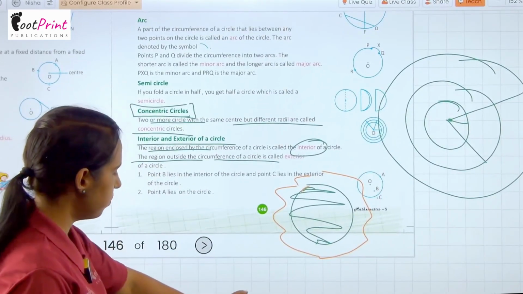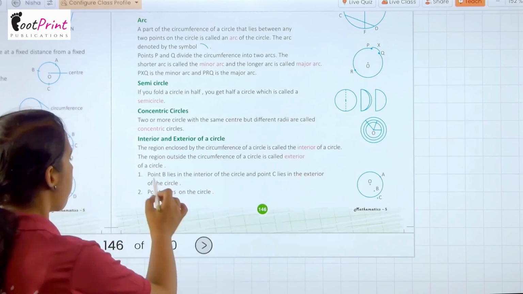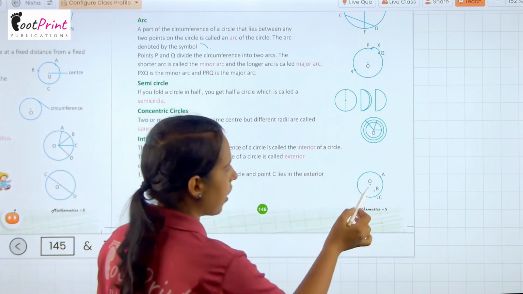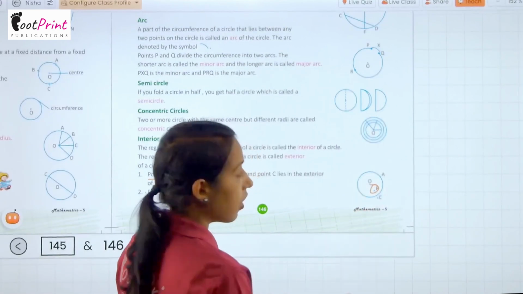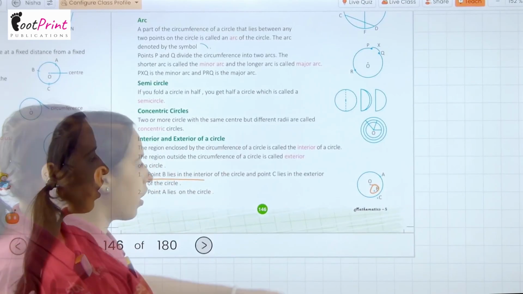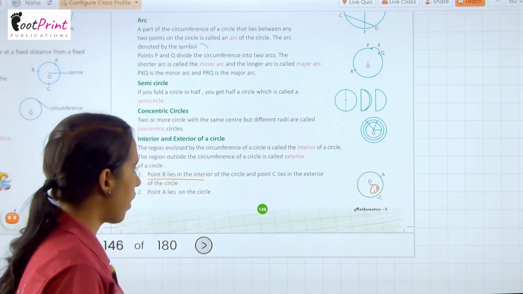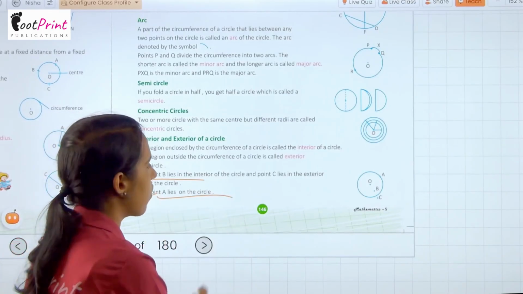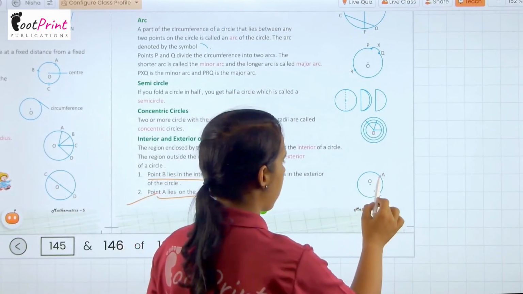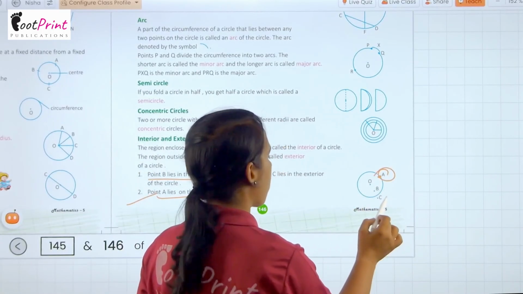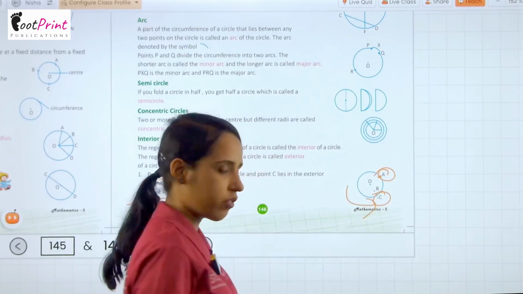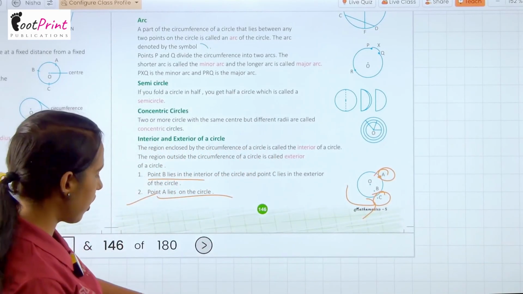Okay. So in this figure, point B lies in the interior here because it is inside the circle and lies under the circumference. Okay. And the next one is point A lies on the circle. Where is point A, it lies on the circle, and point C is in the exterior of the circle, which is outside. Okay.